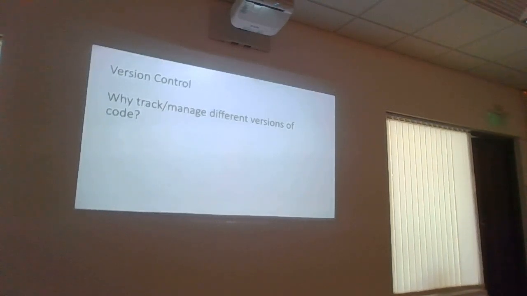So the concept, I think we've all done this, where we've created a file, let's call it file 1, for lack of a better name. And then we modify file 1 by changing a few things, and we store it as file 1 modified, because we don't want to lose the changes. We've all done that.